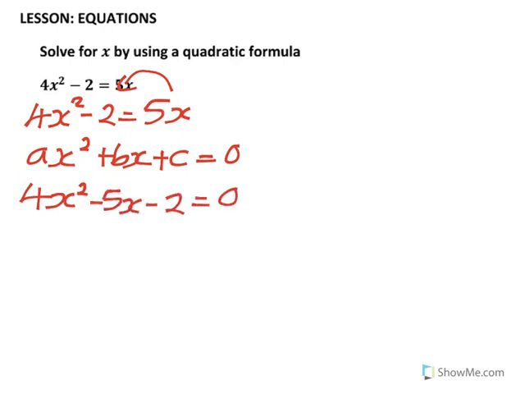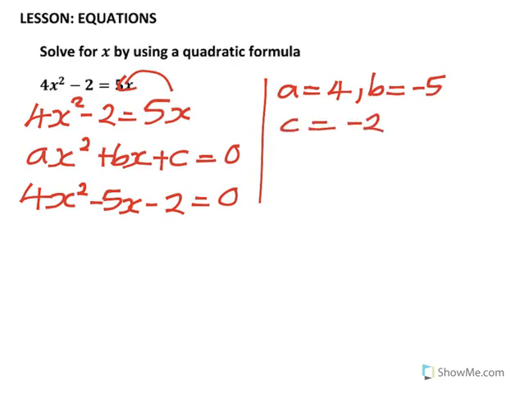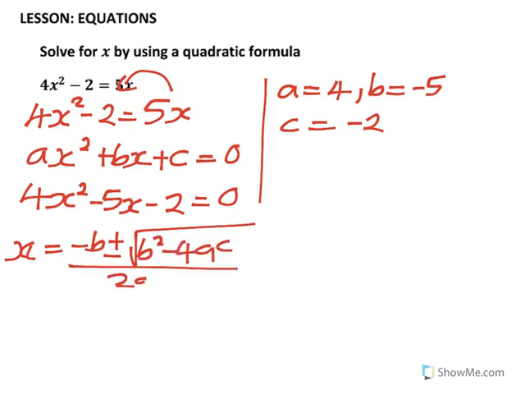So what is my a? If you look at it, in this case, my a is equal to 4, my b is equal to minus 5, and my c is equal to negative 2. So the formula says x is equal to minus b plus or minus the square root of b squared minus 4ac, all over 2a.